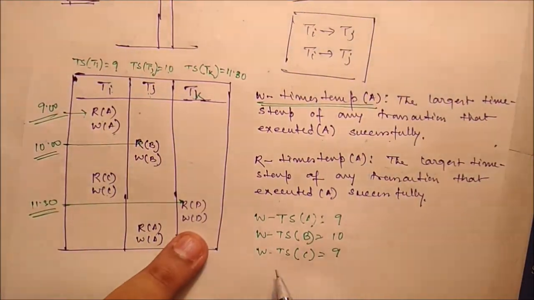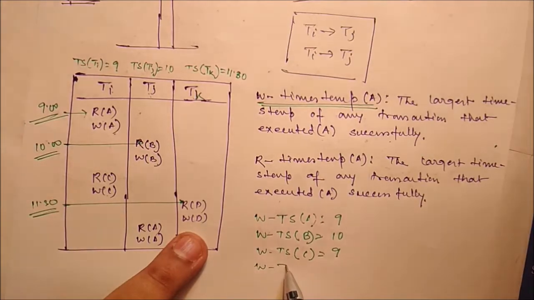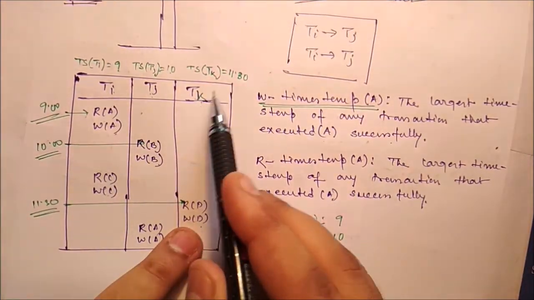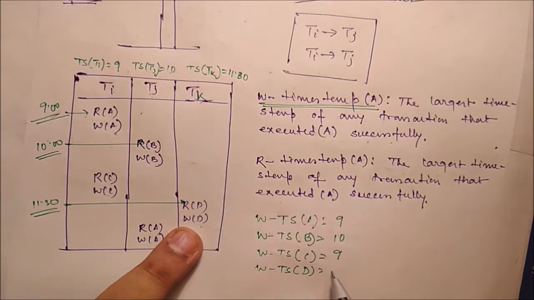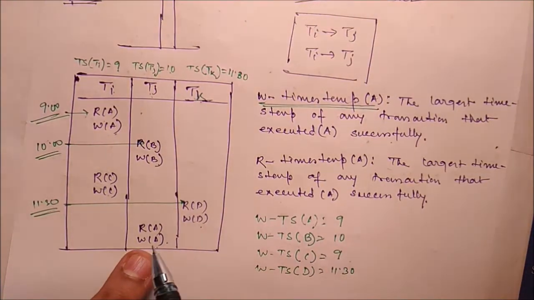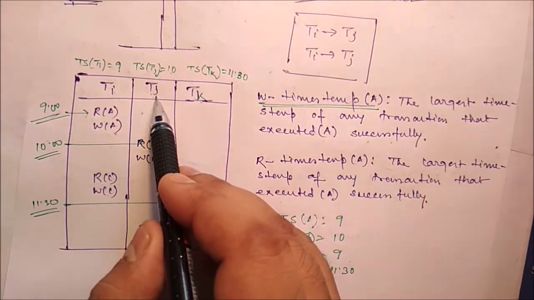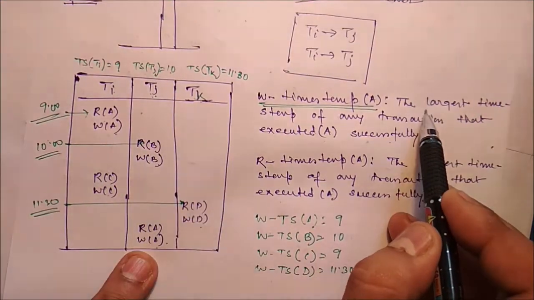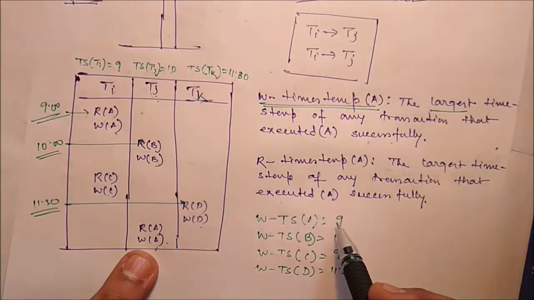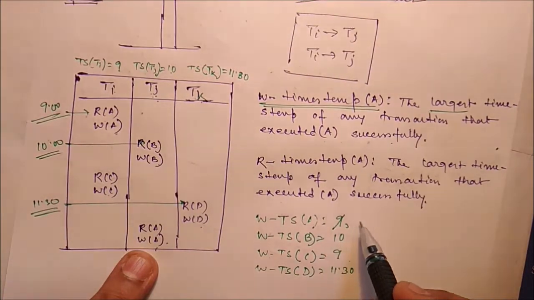Next is W-timestamp of D, successfully done by Tk, and its timestamp is 11:30, so it should be 11:30. After that, a write is there once again, successfully done by Tj. That is the largest timestamp, so we have to update this. It is not 9 now, it should be 10.